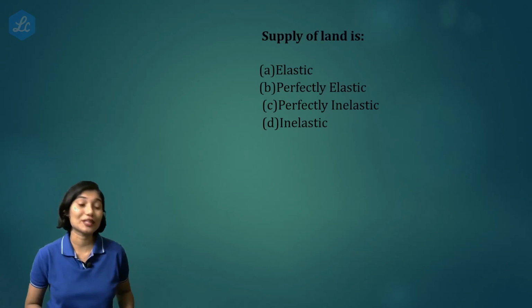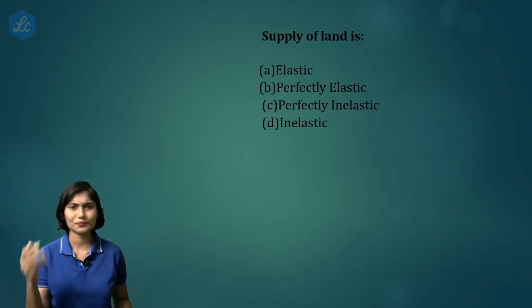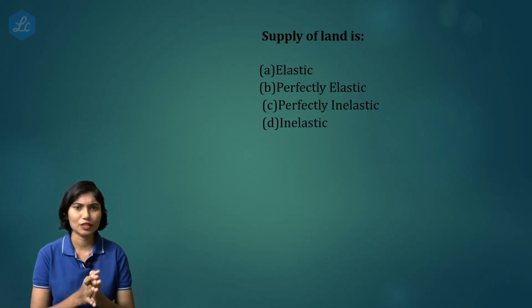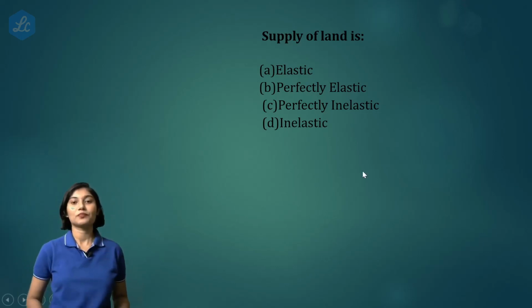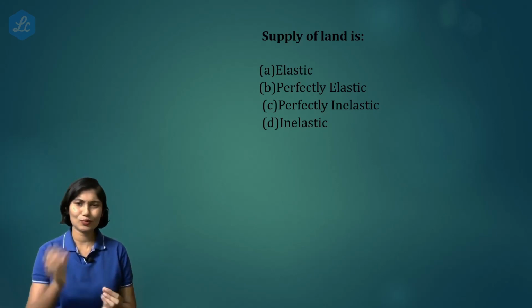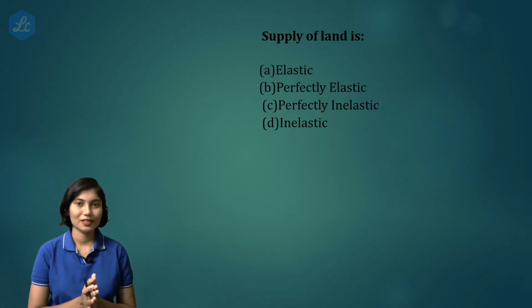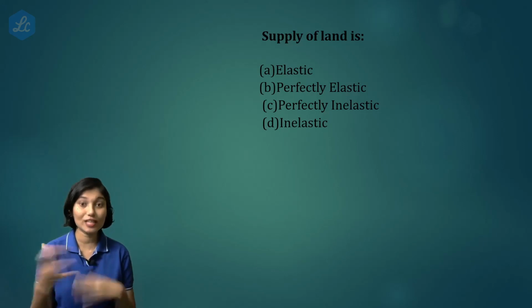We come to supply of land. Again, this is supply, but we'll just discuss supply of land, since you have to know what it means anyway. Is supply of land elastic, perfectly inelastic, or inelastic? Although we are not talking about supply, let's just use our logic. What does elasticity mean? Change, right?